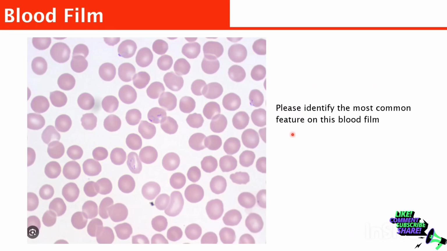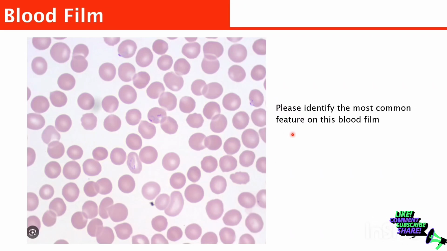So what are the most common features you can see here? Obviously, you've got to ask yourself, what catches your eyes first? Now, let me try to explain to us. I don't know if I did mention this in my previous video on morphology, but let me say this. When you are given a blood film to identify, you've got to ask yourself, what exactly am I looking at?